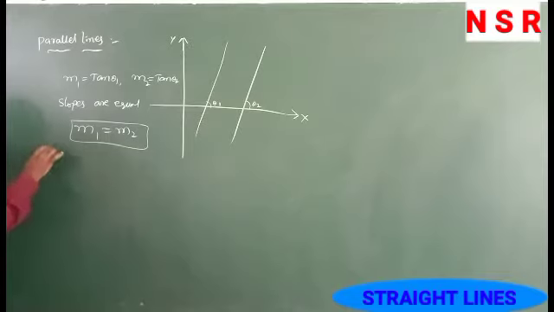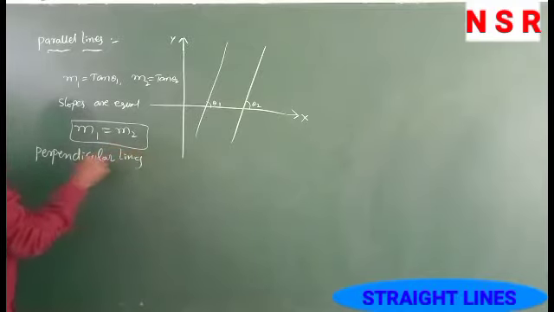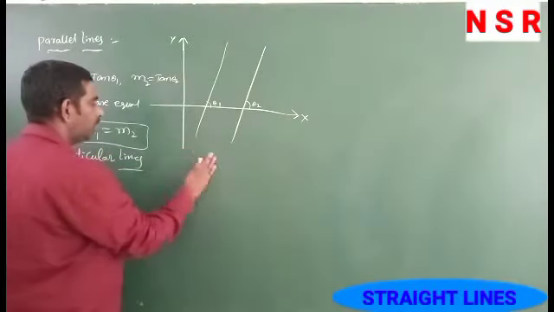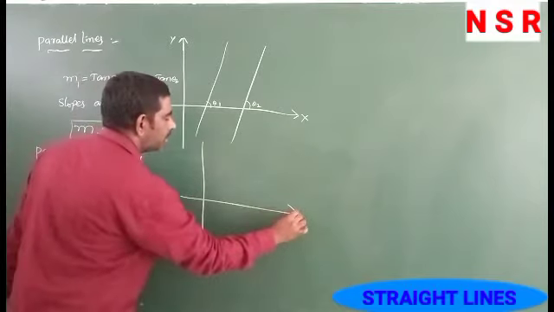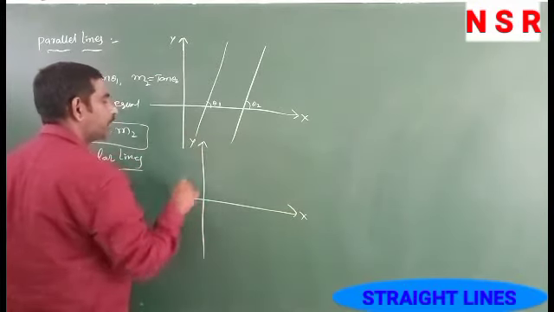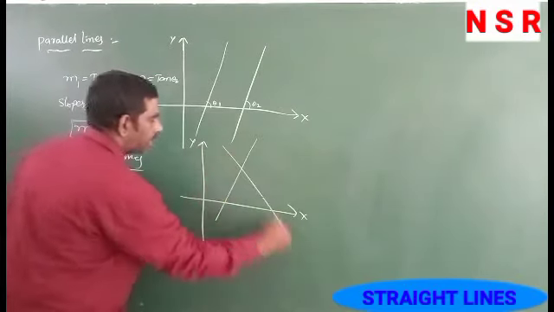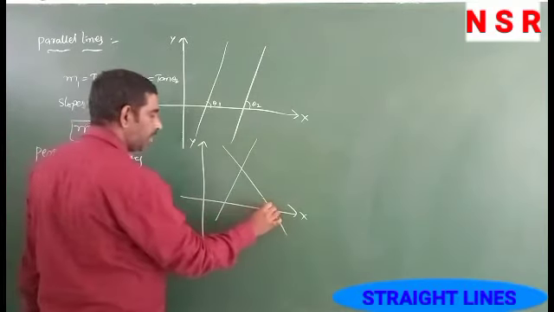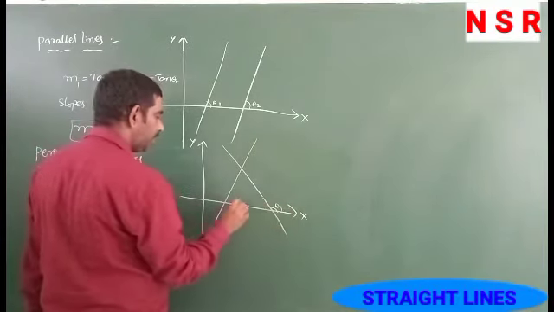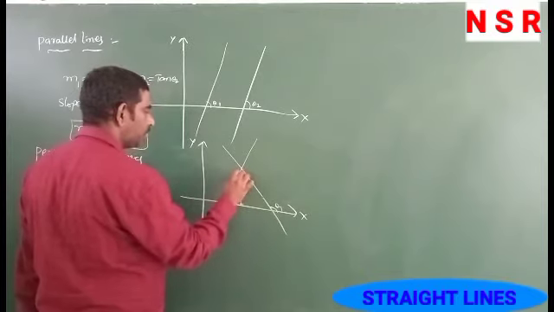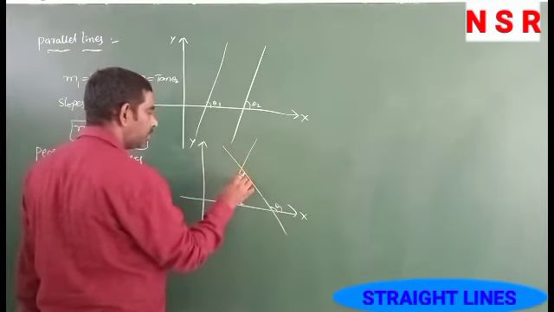Next, condition between perpendicular lines. In the coordinate system, this is x and y. If two lines make angles, one is theta 1 and another is theta 2, with 90 degrees between them, so these two lines are perpendicular.